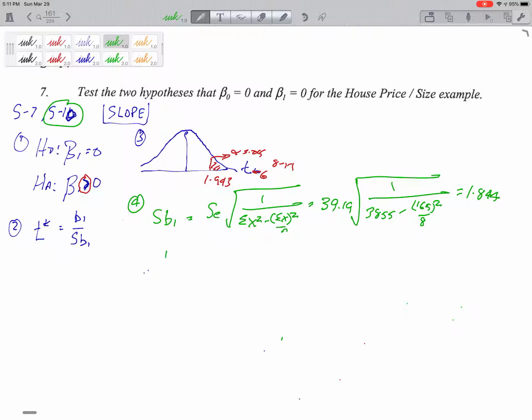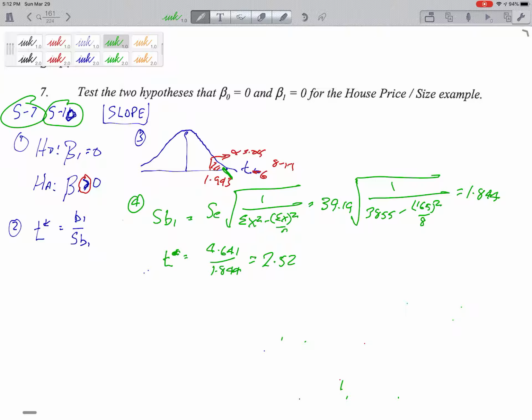Okay. T star is equal to 4.641, and that was from page S7, over 1.844, and that comes to 2.52. Now 2.52 is clearly in the rejection region.